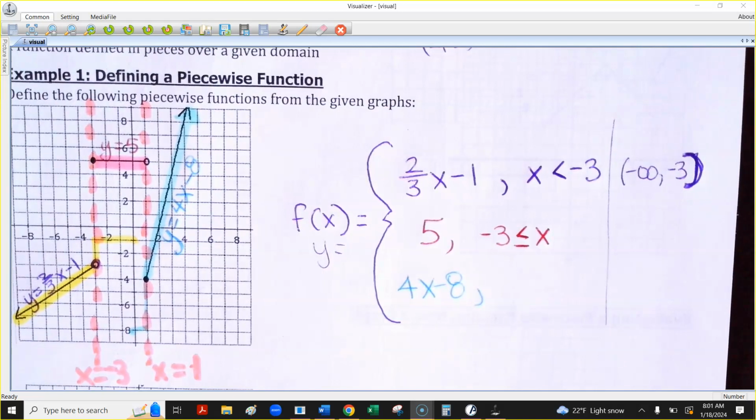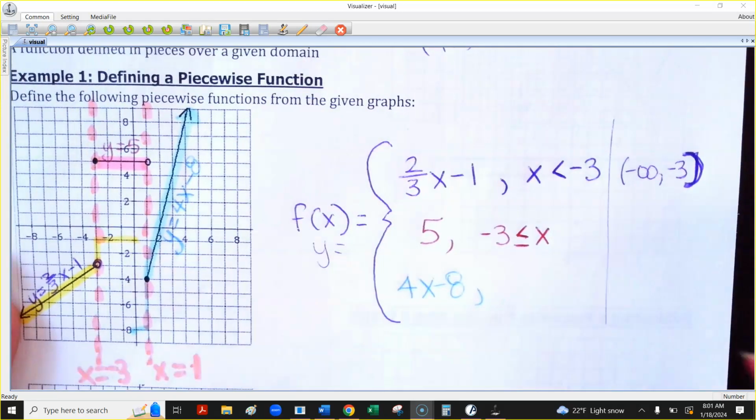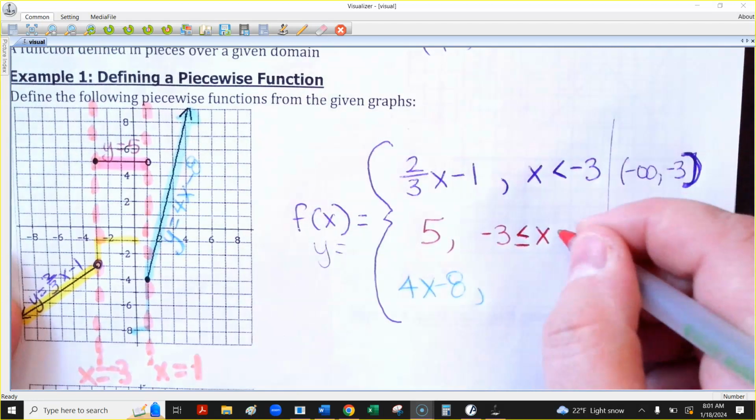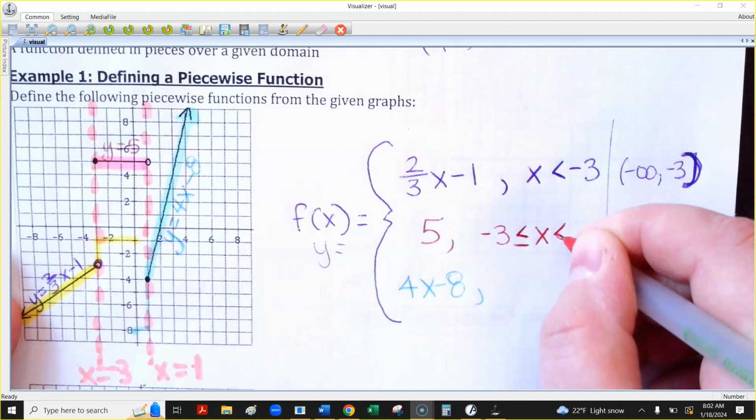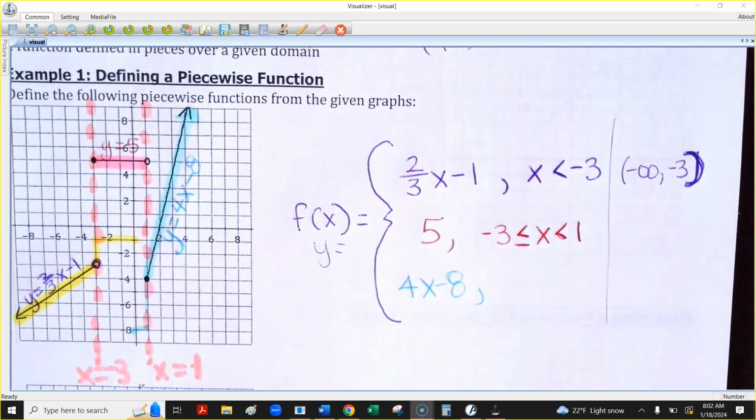And it's an or equal to, since it's solid, I have the solid circle filled in. So I'm actually using that point when the x value equals -3. Now, when I get over to the 1, we're going to stop using that piece, but it's an open circle, so just a less than, and then this would be 1. So what that's saying is between -3 and 1, I am using that second piece.